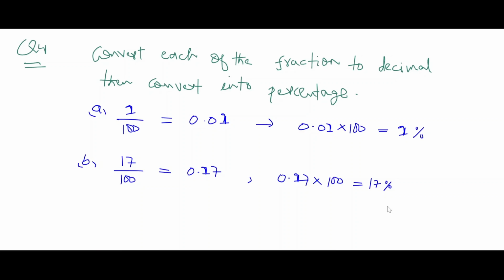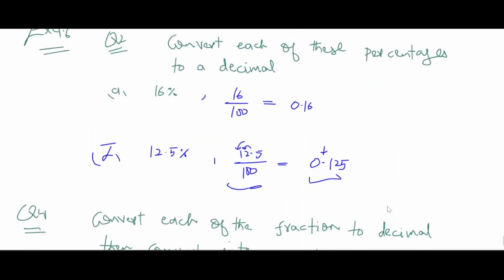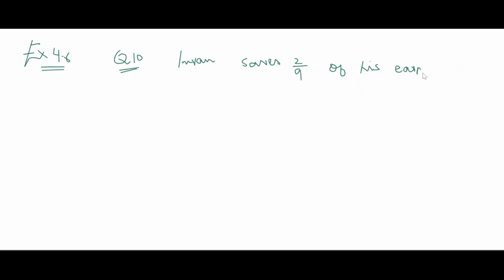Now we have some questions. Let's do it. Exercise 4.6, question number 10. Imran saves 2 by 9 of his earnings.